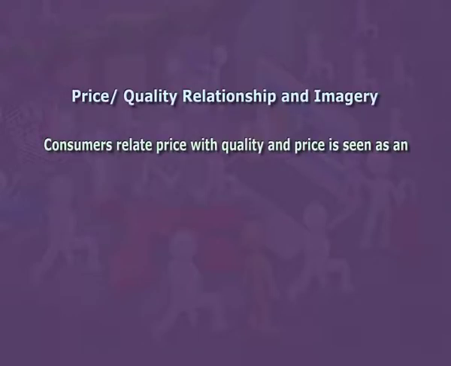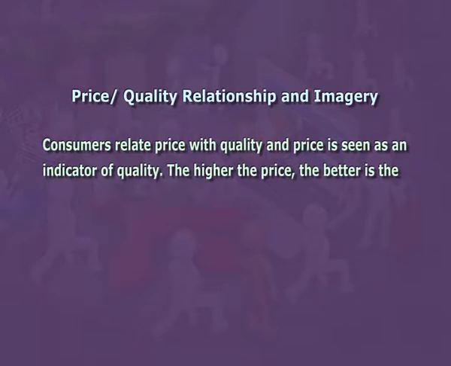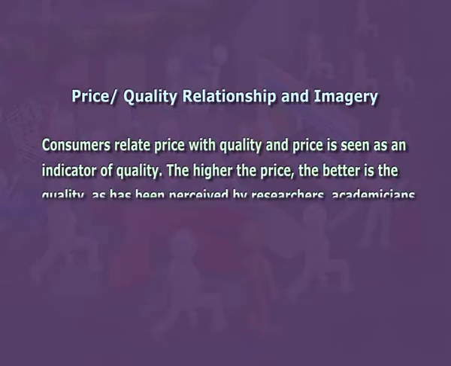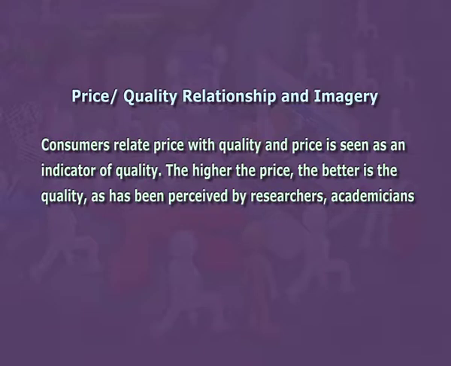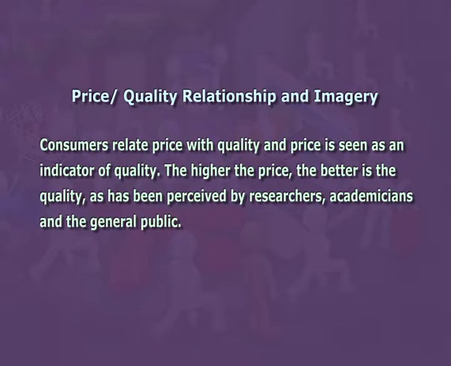Now, let us look at the fourth point, price or quality relationship and imagery. Consumers relate price with quality, and price is seen as an indicator of quality. The higher the price, the better is the quality, as has been perceived by researchers, academicians and the general public. Marketers often try and justify the increased price by stating how this is related to better quality of the product and service offering.